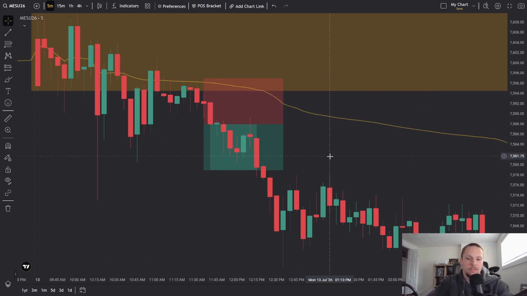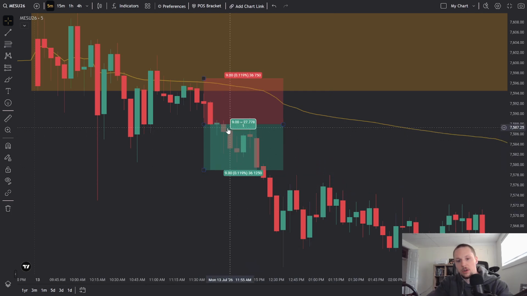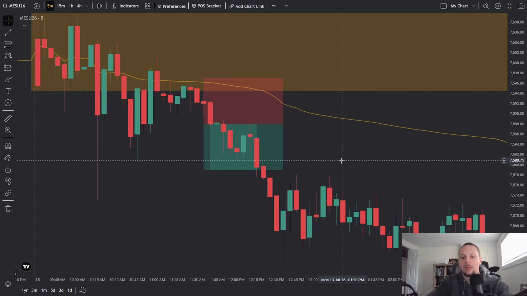So whenever price printed this candle right here, this bearish candle that's floating inside of the take profit area without any wicks or candle bodies touching the stop loss area, it was at this point that I was going to start my risk management strategy, which is following what I call an airborne candle, or whenever it's floating within the take profit area without touching the stop loss area.